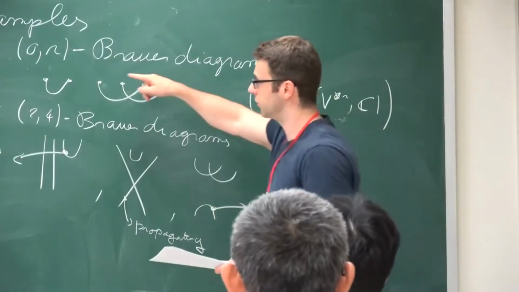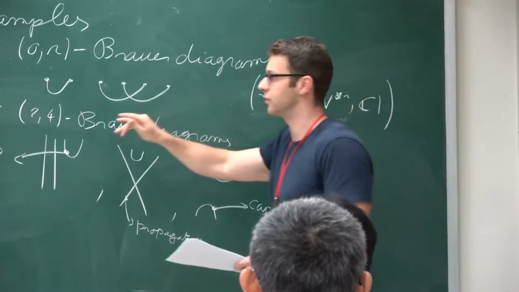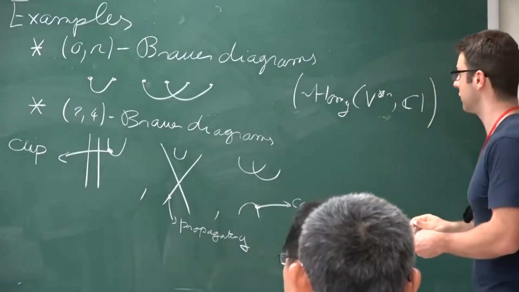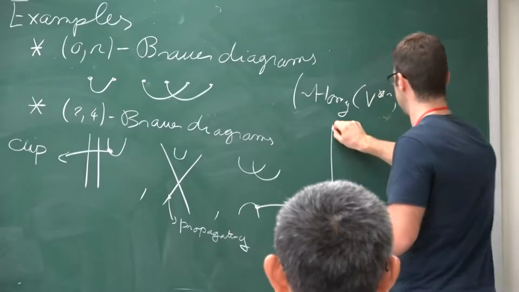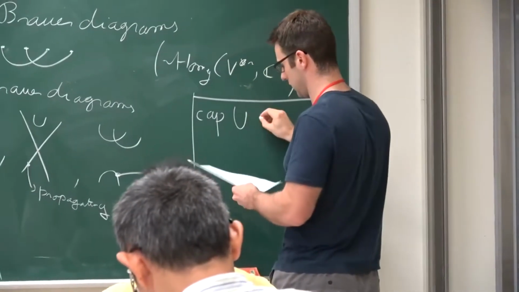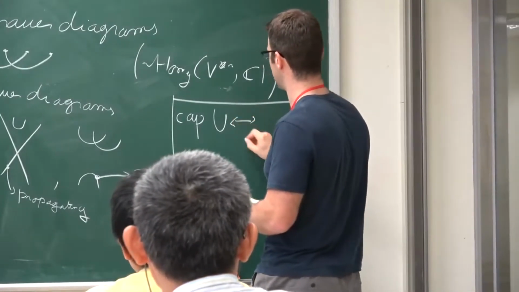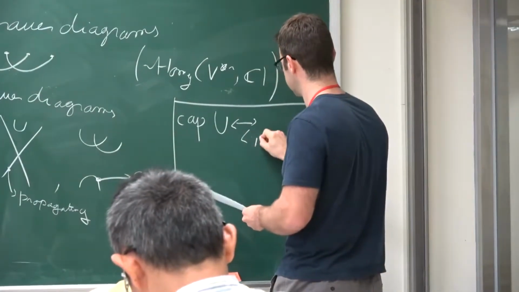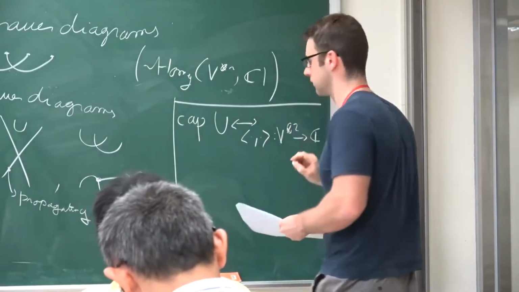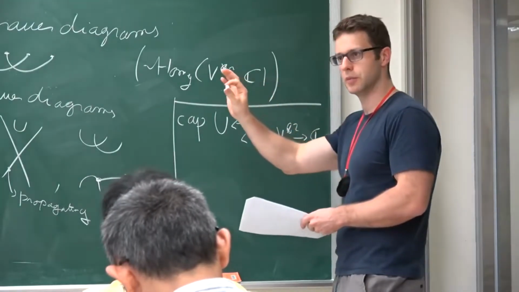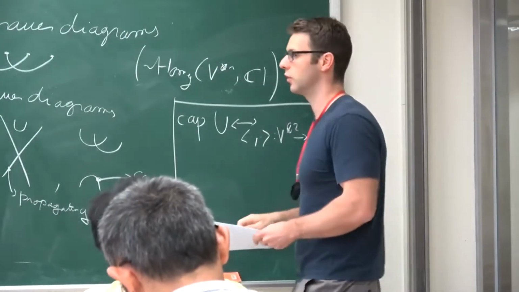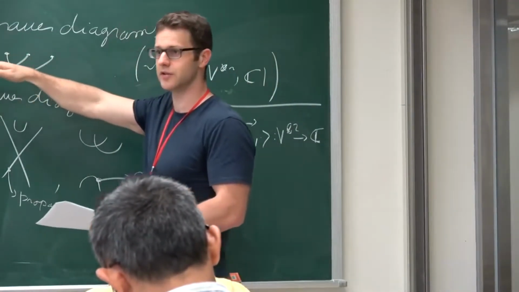Based on what we already observed in this example, under the functor that we'll have from this category to the category of modules over the paraplectic superalgebra, we'll find that the cap corresponds to the bilinear form, which takes V to the second tensor power and maps it to complex numbers, so it diminishes the number of dots that we'll have.